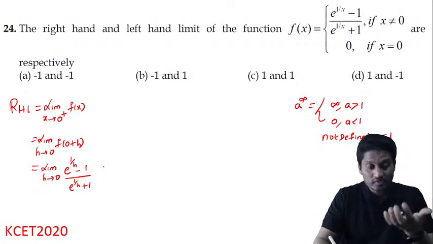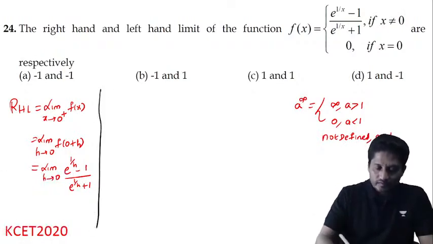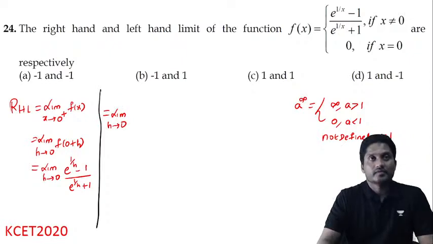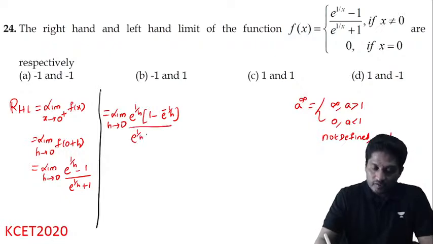Now I'm going to simplify this. Limit h tends to 0. I'm going to take e power 1 by h common. The numerator becomes 1 minus e to the power of minus 1 by h. Even in the denominator, e power 1 by h common, this will be 1 plus e power minus 1 by h.